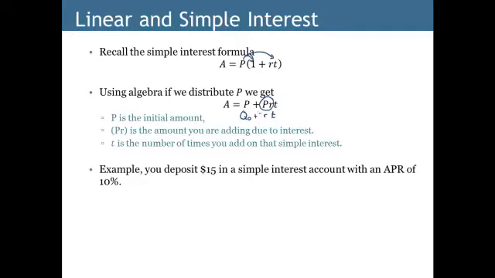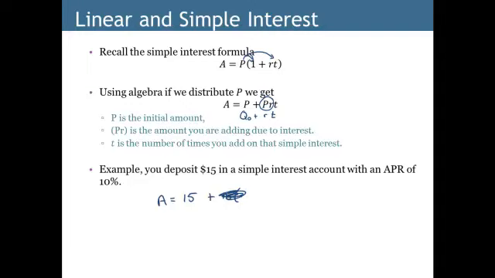So for example, if you deposit $15 in a simple interest account with an APR of 10%, well, see here, A is equal to what, $15 plus the PR, right?